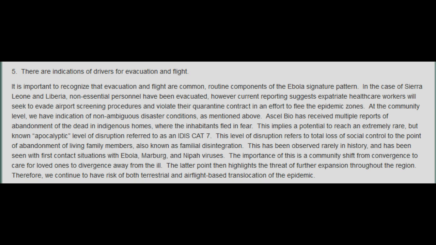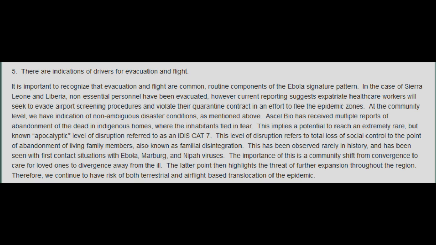This has been observed rarely in history and has been seen with first contact situations with Ebola, Marburg, and Nipah viruses. The importance of this is a community shift from convergence to care for loved ones to divergence away from the ill. The latter point then highlights the threat of future expansion throughout the region. Therefore, we continue to have risk of both terrestrial and air flight-based trans-relocation of the epidemic.